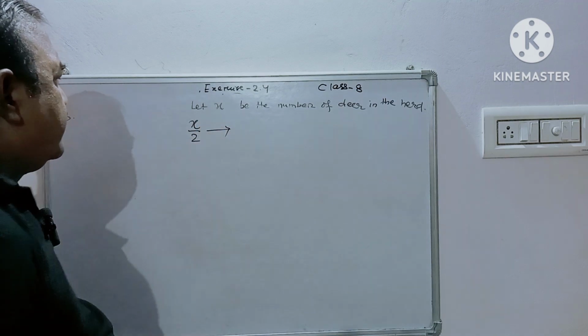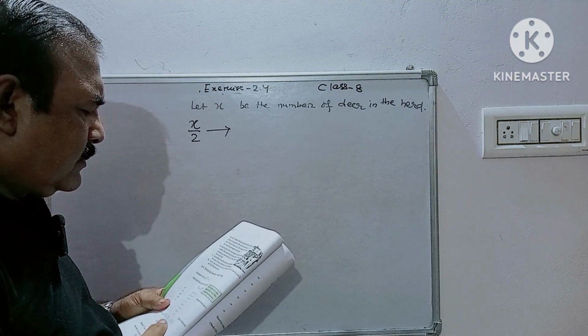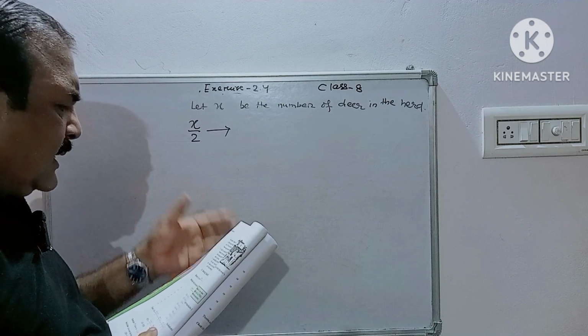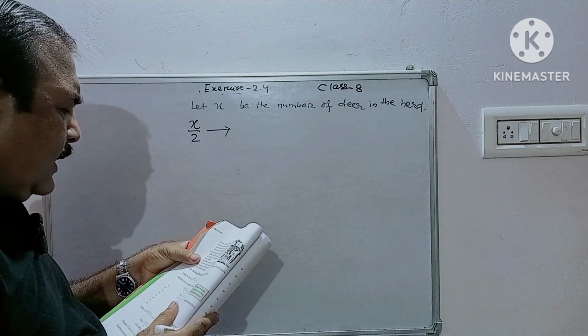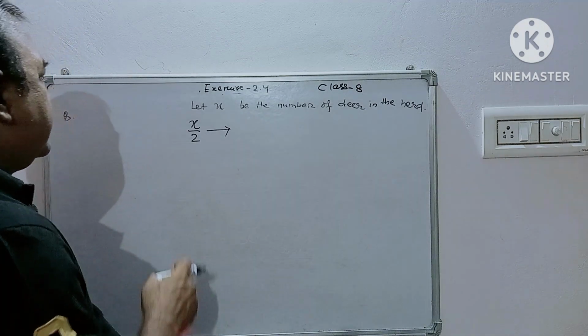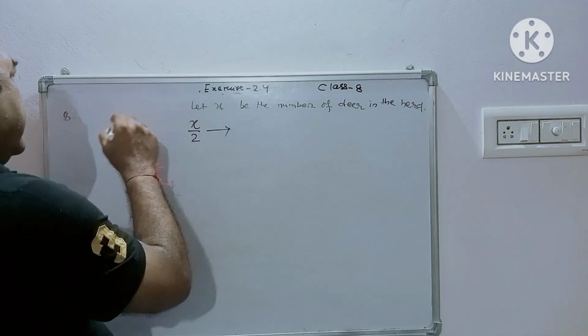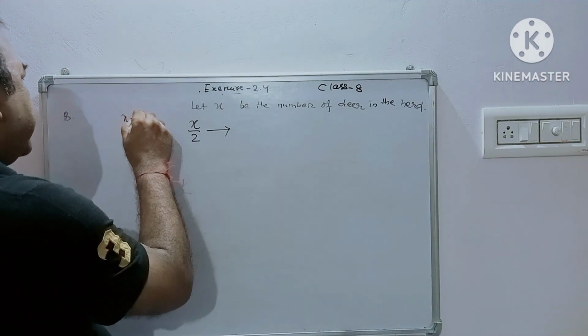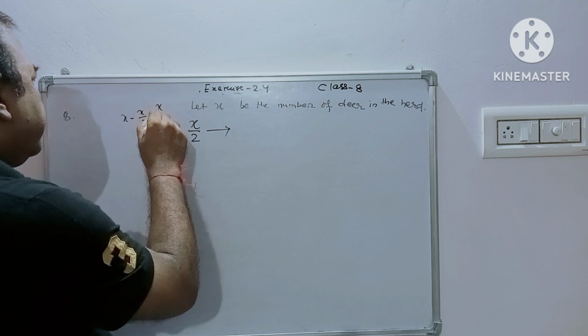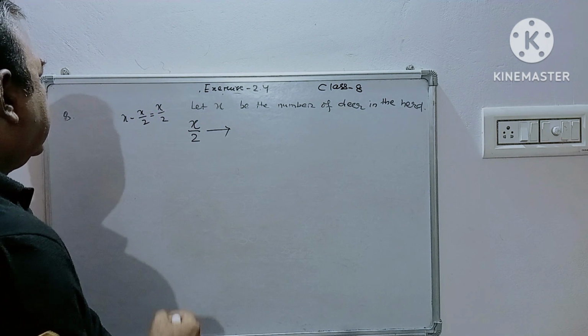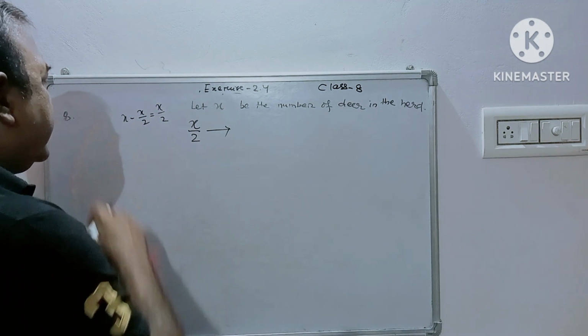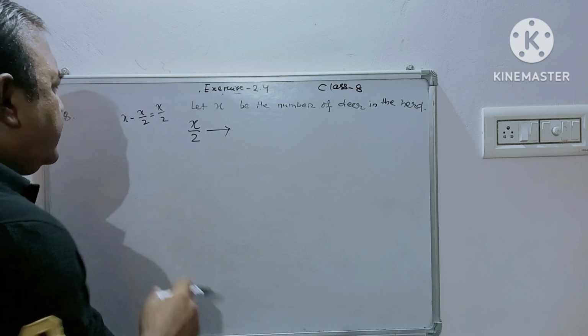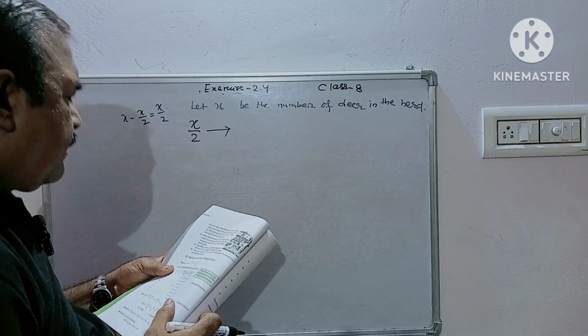So these represent they are grazing in the field. And 3/4 of the remaining. So the remaining means x minus x upon 2, that is equal to x upon 2, because there are 2x upon 2 in 1x. So 3/4 of the remaining are playing nearby.